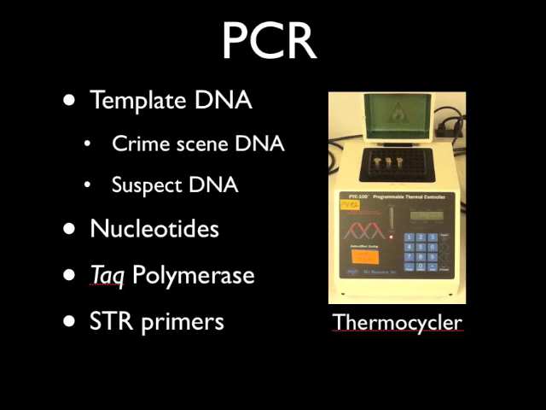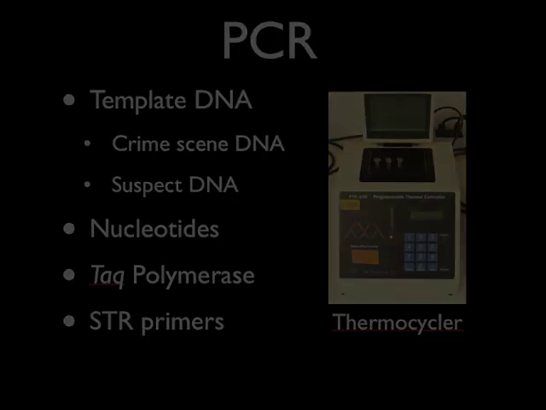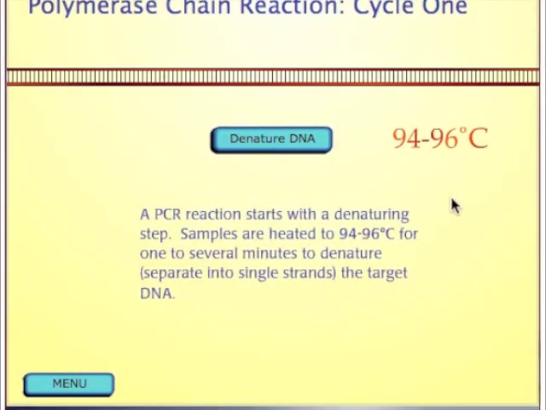Once the primer binds, the DNA polymerase, in combination with the available nucleotide building blocks, results in the amplification of the DNA region. The PCR animation that follows comes from the DNA Learning Center at Cold Spring Harbor Laboratory. It will guide you through the steps of PCR. In the first cycle, the temperature is raised to 95 degrees centigrade.